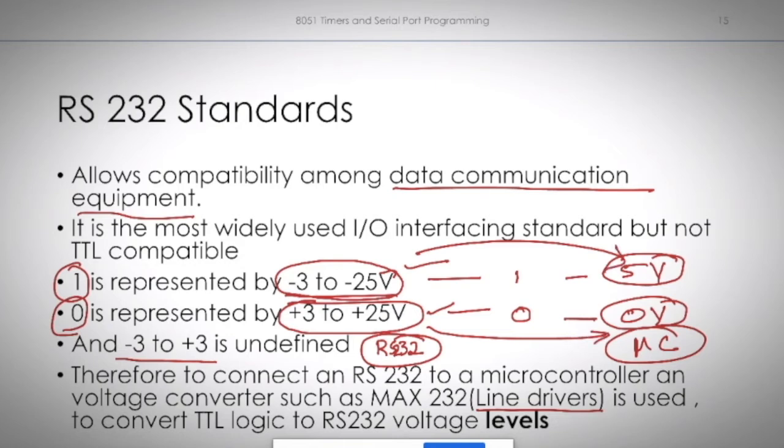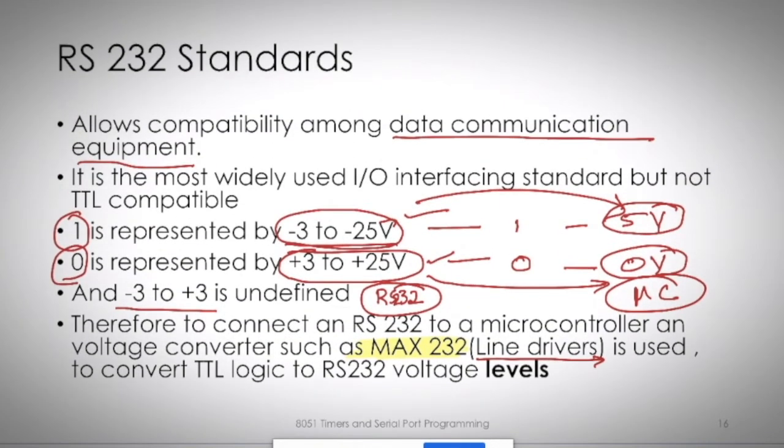This line driver takes care of this, and we have an IC to perform this task. The IC we generally use is called the MAX232 IC. This IC is from Maxim, which is the company name. So we will use this IC, and we will see all these details later.